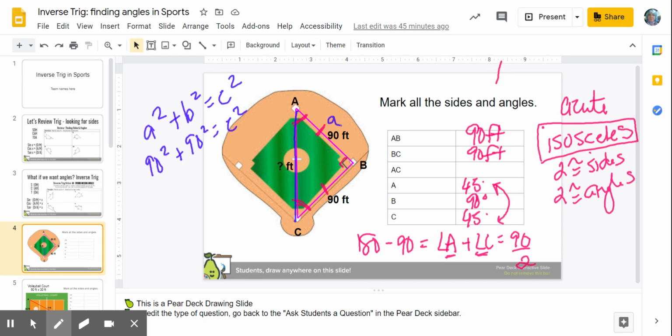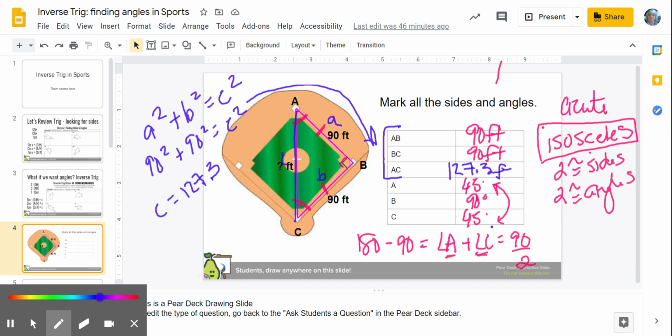So the A and the B and the C are always sides. So Pythagorean theorem works here for your sides. So what is 90 squared plus 90 squared? And then take the square root. I like it. Beautiful.